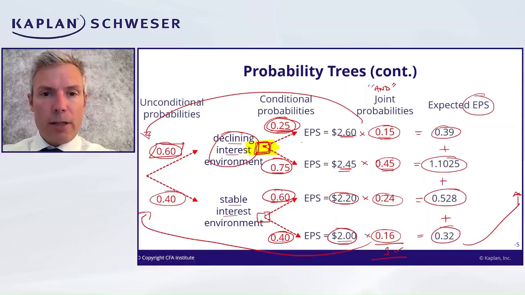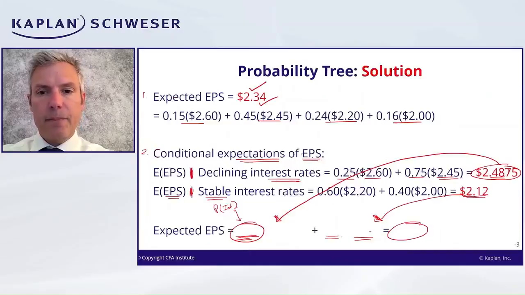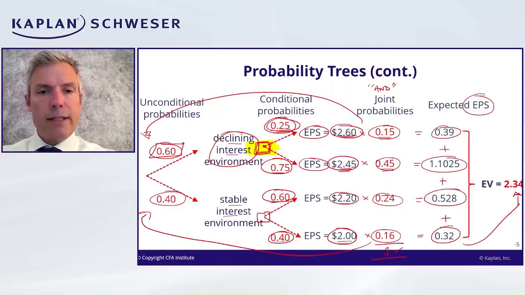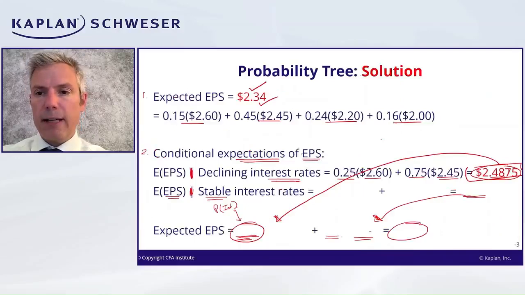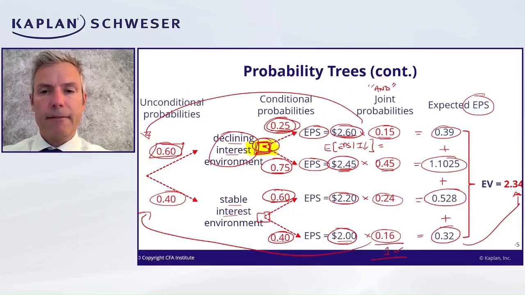We know that your conditional expected EPS here, when interest rates decline, we've just calculated that. That's this one, 2.4875. If you know what variance is, then once we're standing at this node, the expected EPS, given that interest rates have declined, is that 2.4875 figure that we just looked at.